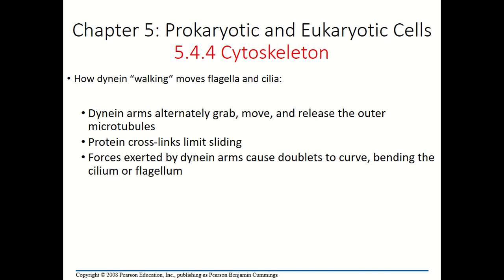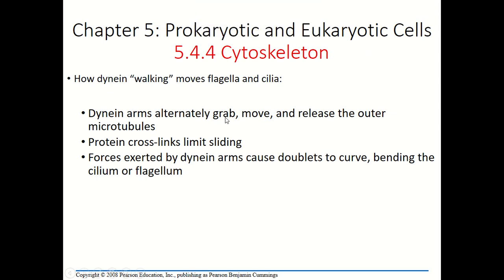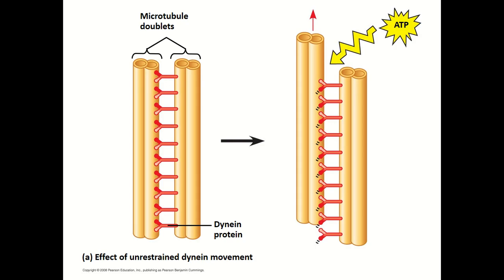So how does the dynein protein help control the movement pattern of flagella and cilia? Dynein will grab, move, and release the outer microtubule, and then the proteins closely limit its sliding, and the forces exerted by the dynein arms will cause the doublet to curve, bending the cilia and the flagella.